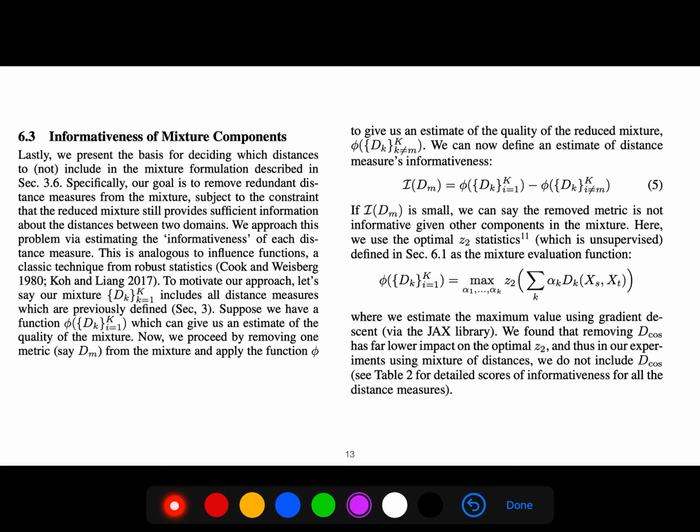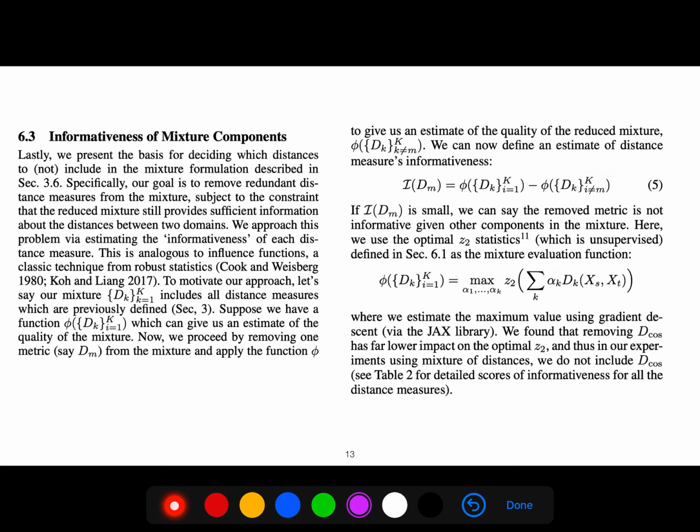Lastly, we present the basis for deciding which distances to include or not in the mixture formulation. We proceed by removing one metric from the mixture and applying the function phi to give us an estimate of the quality of the reduced mixture.